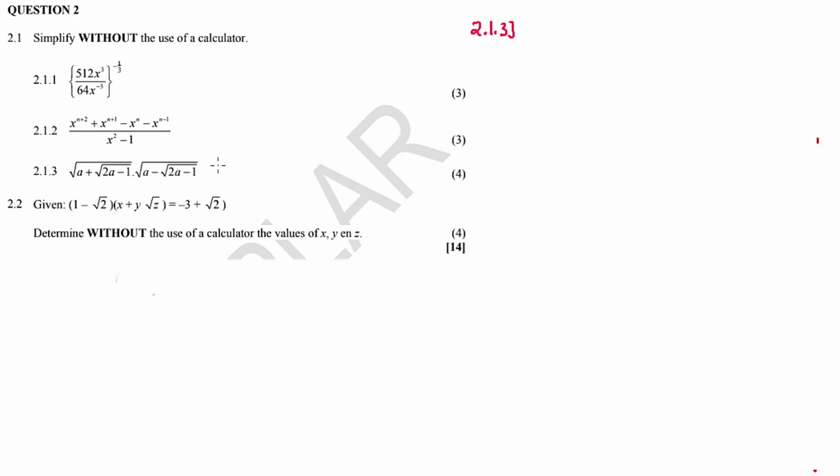Okay, so surds, we have a surd law. If I have two roots that are multiplying each other, square root a times square root b, what do I get? I'm going to get the square root of a times b.